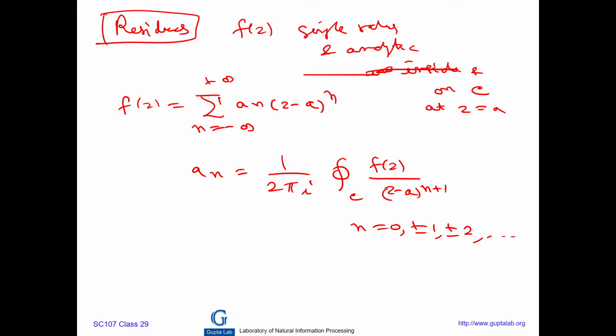I have written both together. This is the compact formula for Laurent series. You can see that here n is positive, 0 as well as negative, so all terms will come there. Everything is taken care of.